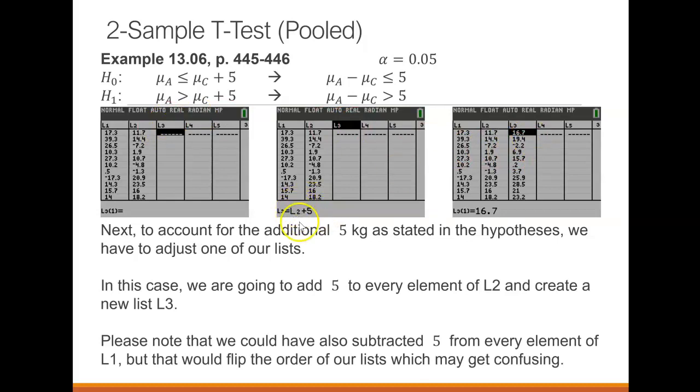See how down here? So you move your cursor up onto the title of L3 and press enter and then type in L2 plus 5, and it'll fill the whole list for you with everything from L2 with 5 added to it. And keep in mind, if you switched the order of some of the things, you could have subtracted 5 from L1 and this still could have worked out.